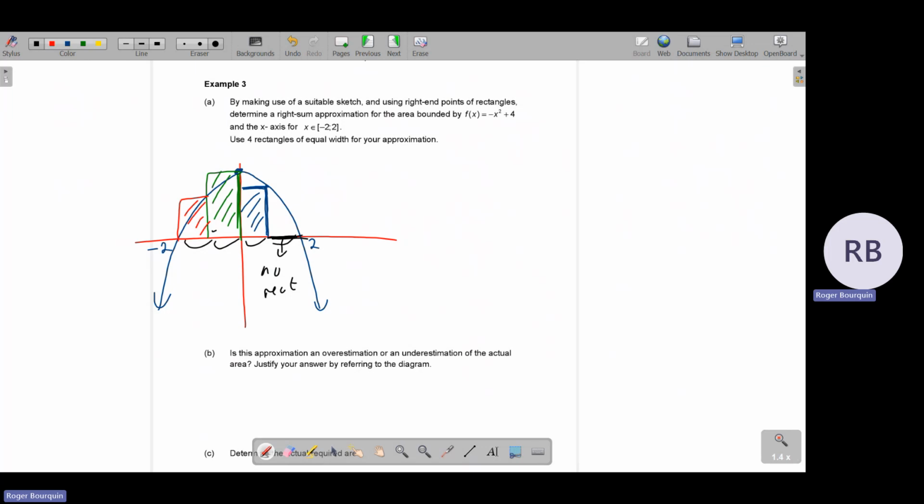Why couldn't you just go up there? Because I'm looking at this as my base. If that's my base, and my height comes from where the curve intersects with the right side, then this point is over there, and there is no height. So the area of that fourth rectangle is 0.